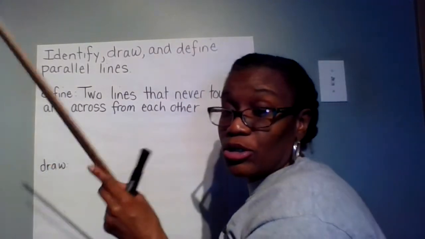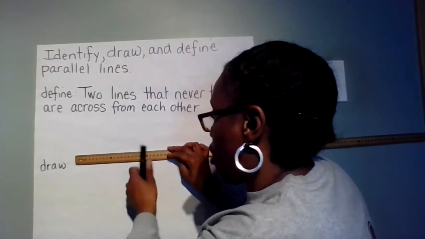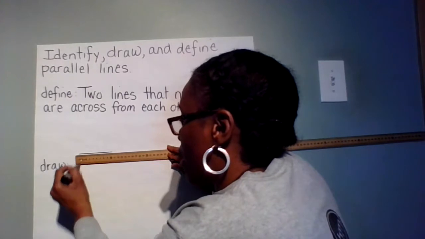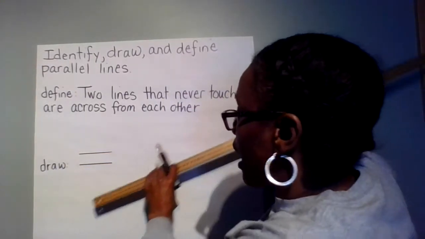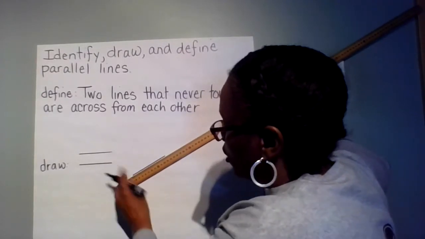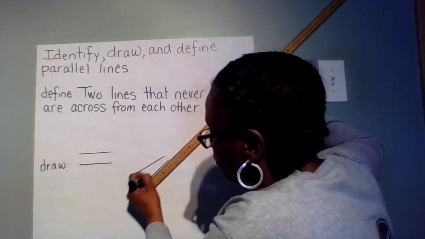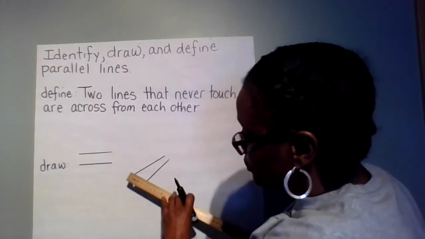So, scholars, I'm going to use my yardstick and I'm going to draw some parallel lines. In fact, I'm just going to draw a line that's right on the other side. I'm going to draw two lines, this one, and we're going to add on to this.